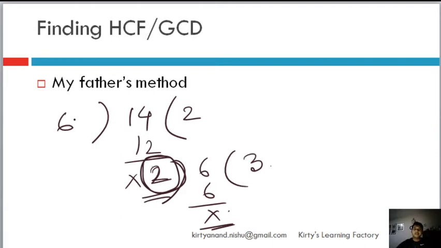Fairly simple, that I am going to go consecutive division until the time I get a remainder as 0, and then whatever is the last divisor, that will be the GCD or the HCF. Very simple.